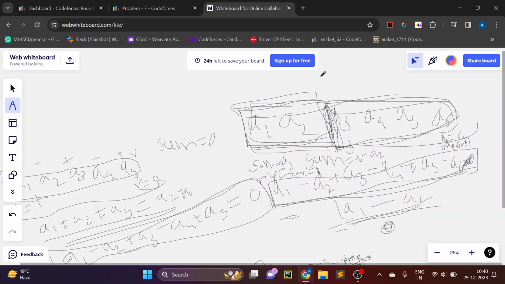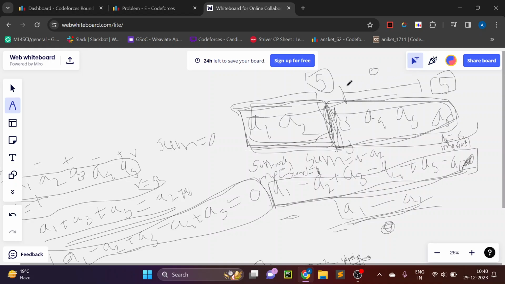So if I have visited two equal sums at two different indices, that means the subarray between those two elements will have total sum as 0.